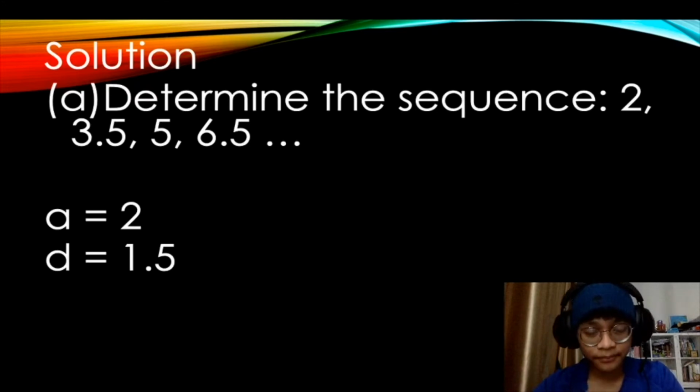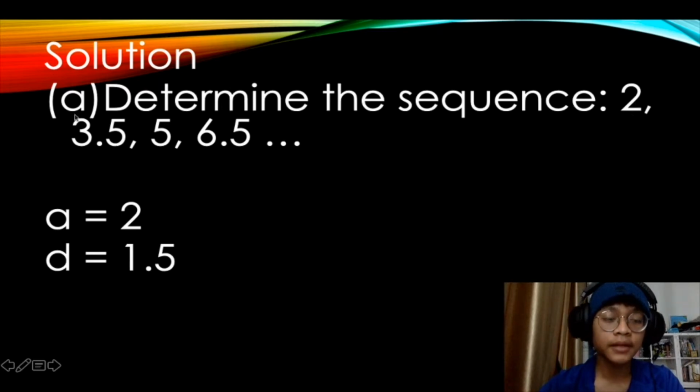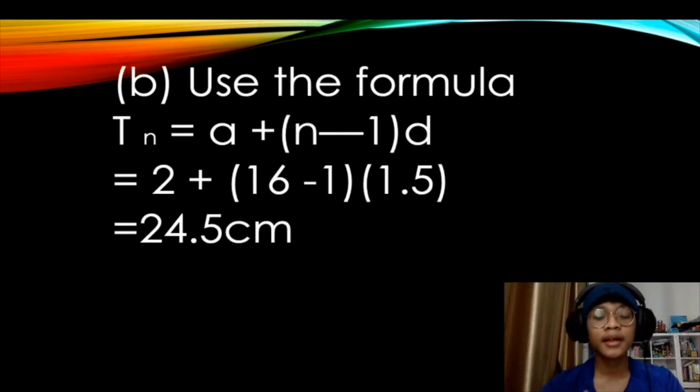Let's solve it. First, we determine the sequence. First number, that is 2, the bottom row, then plus 1.5 is 3.5, plus 1.5 equals 5, and so on and so forth. So we already know that A is 2 and the common difference is 1.5. And then we use the formula.